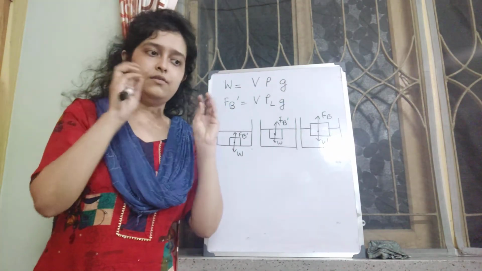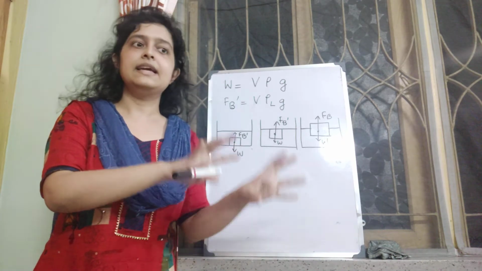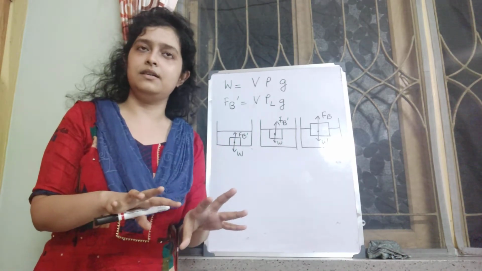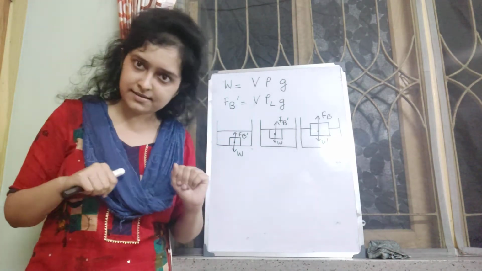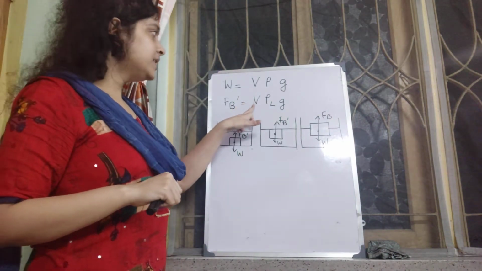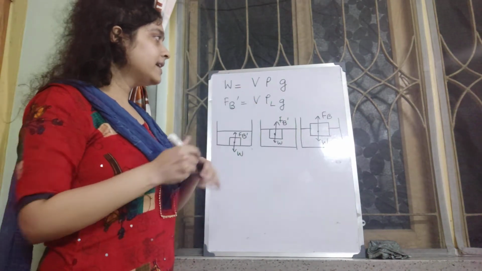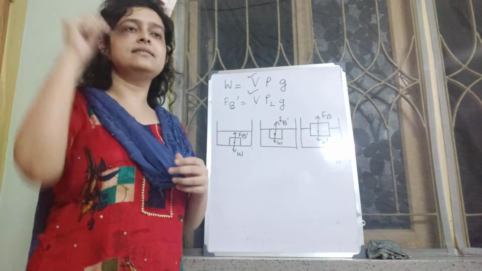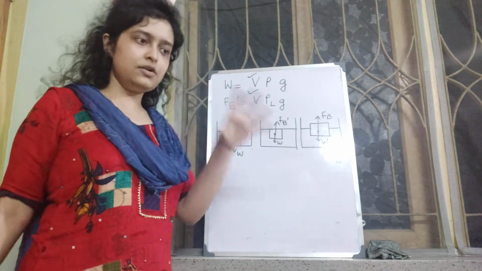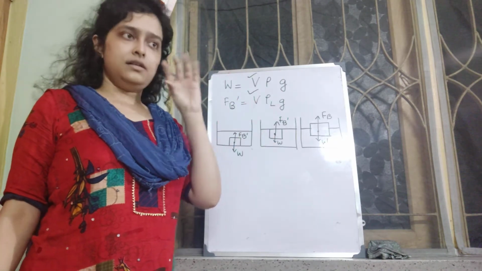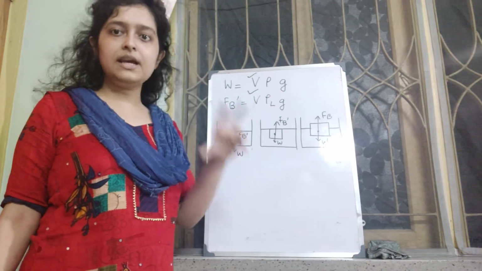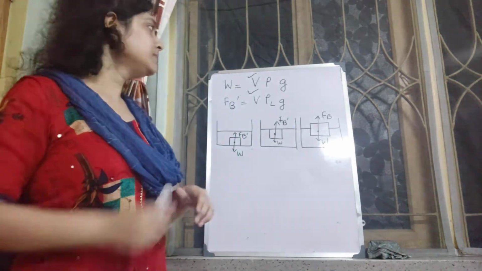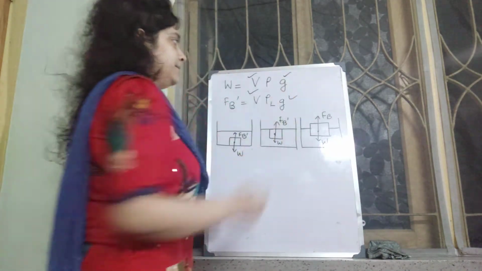Upthrust means volume of the displaced liquid into density of the liquid into g. You have learned this expression. These two are equal. Why? Because when a body is completely immersed inside a liquid, the solid will displace a volume of liquid equal to its own volume. This is also the same.